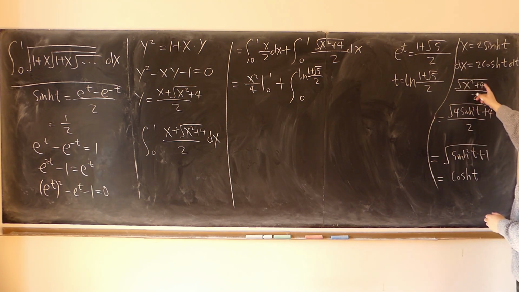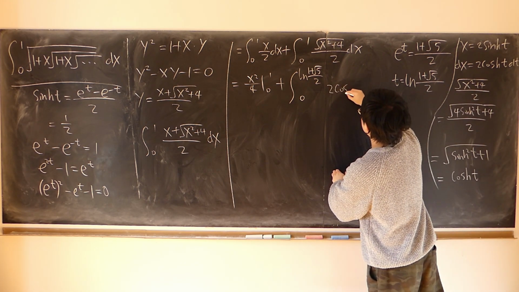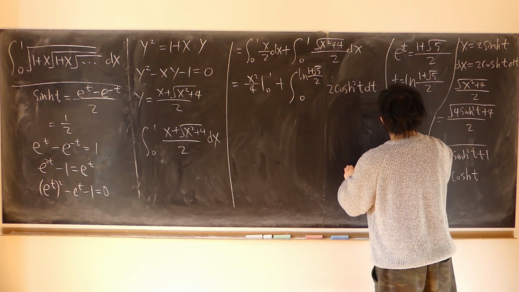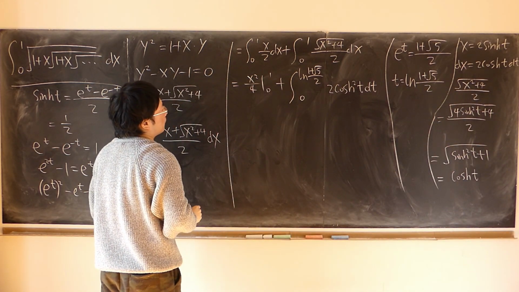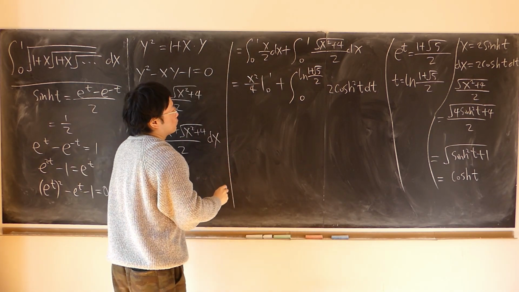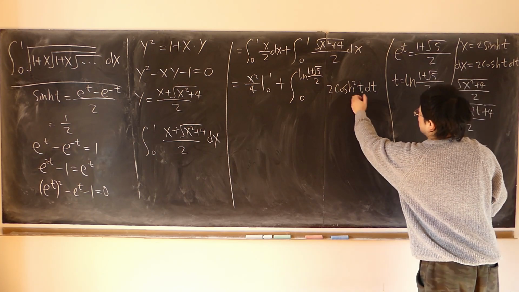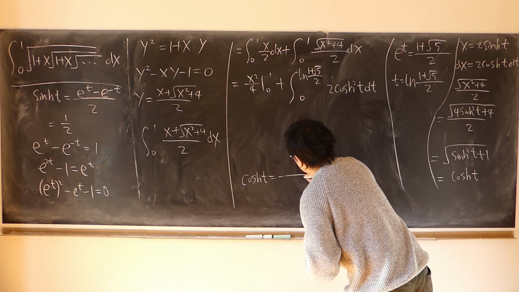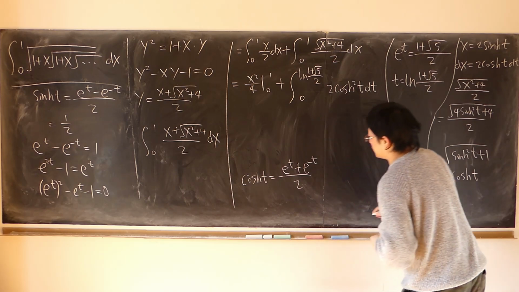So the integrand is this, dx is that. So altogether, 2 times cosh squared t dt. Again, we recall the meaning of cosh, half e to the t plus e to the negative t.